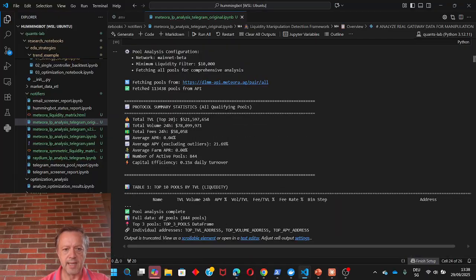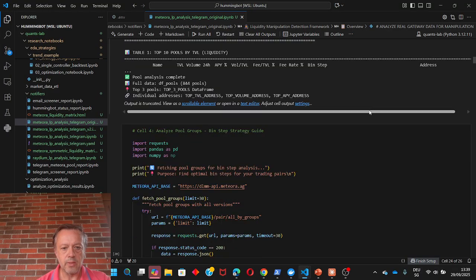The output is general statistics about the protocol: the total TVL for top pools, total volume for the last 24 hours, fees, average APY, the number of active pools, and also the capital efficiency with regards to the daily turnover.